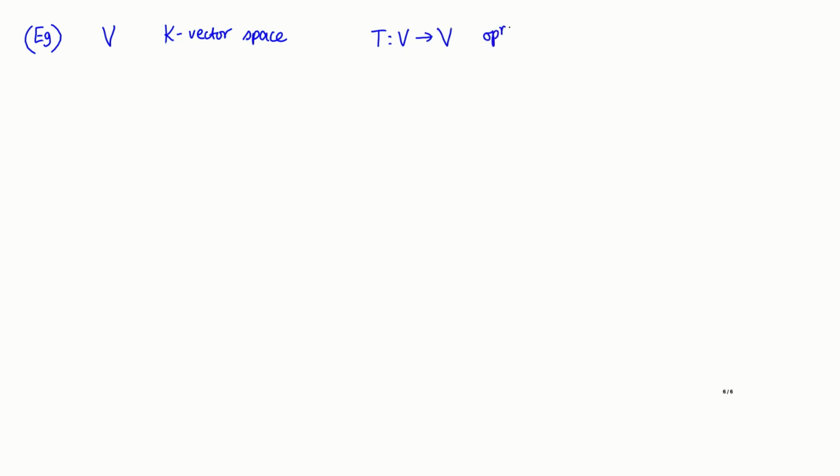You fix some linear operator T on V, and you make V into a k[x] module by saying that a polynomial f(x) acts on a vector v by substituting the operator T in place of x. It gives me a new linear operator, and it's that operator acting on v. So this was the definition, for all v.